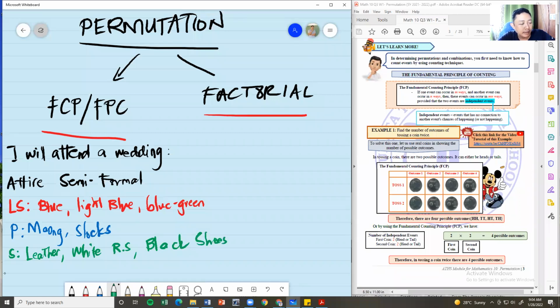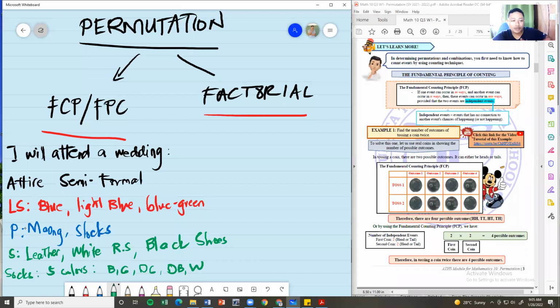Ayan. And then, for my socks, I have 5 colors. Meron akong black, gray, dark gray, dark blue, at saka white.